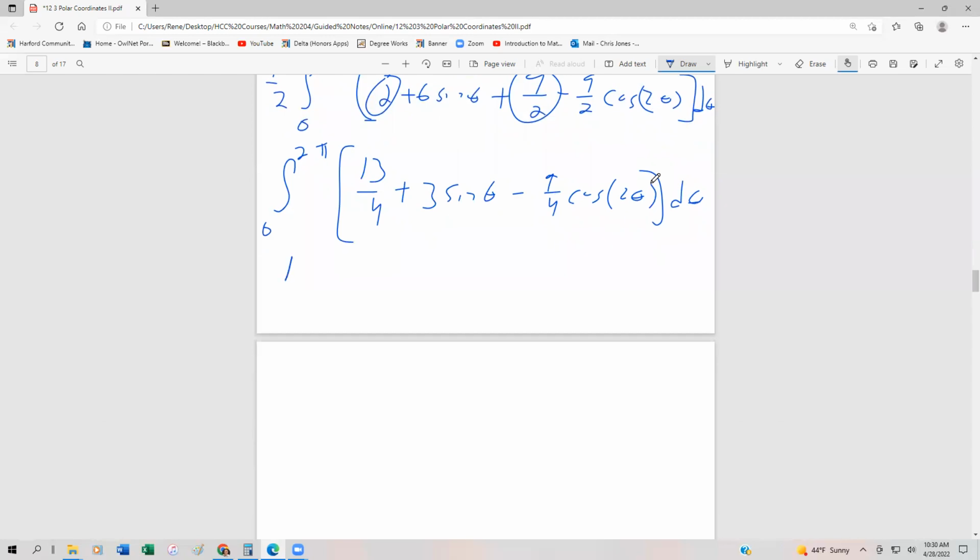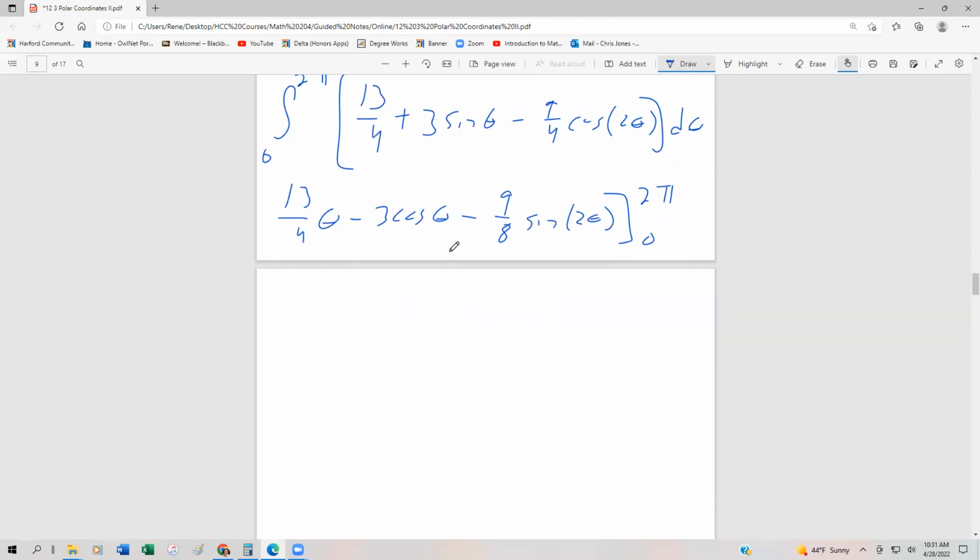The integral of 13/4 with respect to theta is 13/4 theta. The antiderivative of 3 sine of theta is going to be negative 3 cos of theta. And finally, we end up with minus 9/8 sine of 2 theta, ranging from 0 to 2 pi. Now we're going to substitute our 2 pi back in, and we're going to substitute 0 back in, and the good news is some good things are going to happen.